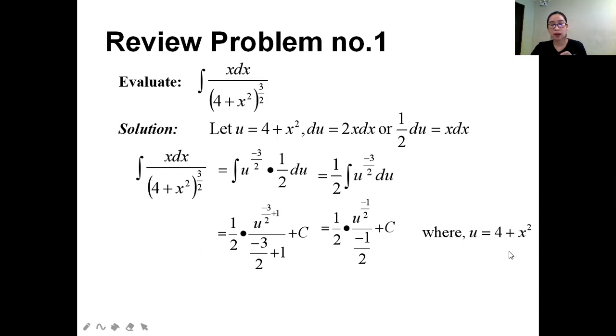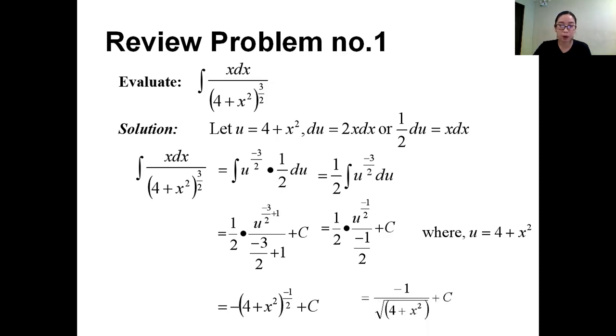Then we go back to u, where u is equal to 4 plus x squared. So the final answer is negative quantity 4 plus x squared to the power of negative 1/2. If we rewrite it, the answer is negative 1 over square root of 4 plus x squared plus c.